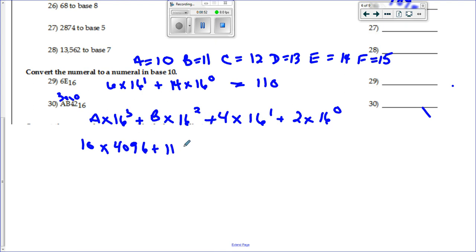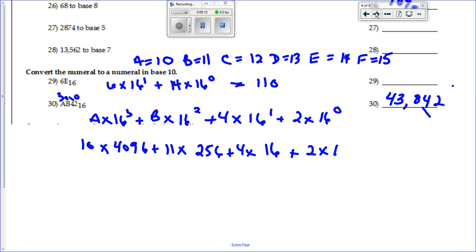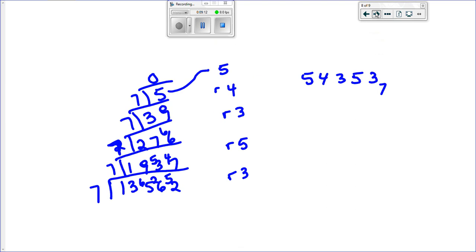B is an 11. 16 squared is 256. This would be 4 times 16, and this would be 2 times 1. Multiply them out, add them all up, and I have 43,842. Okay? So that's why there's letters there, because they can only hold one column.